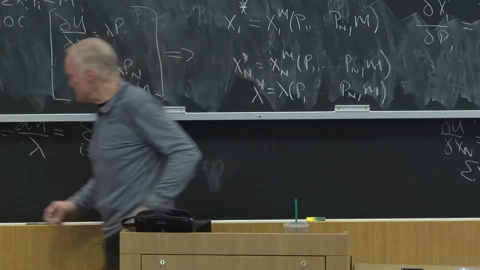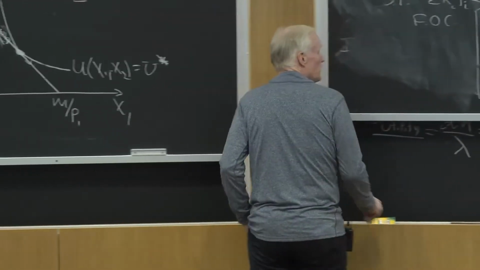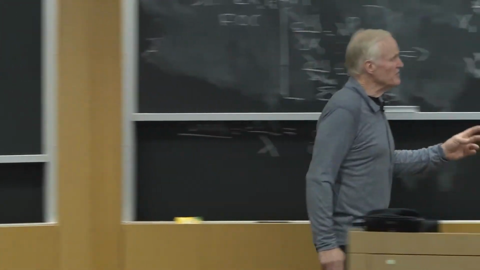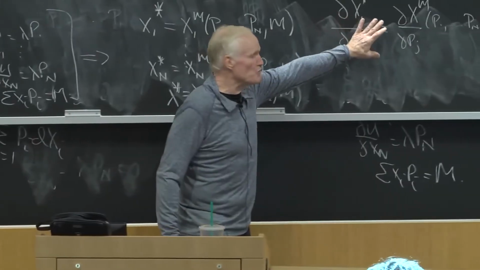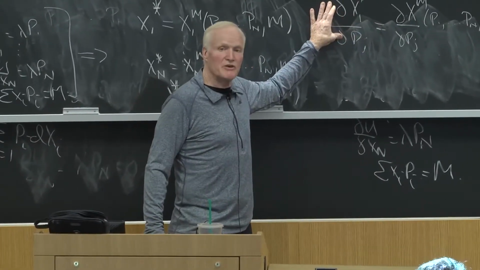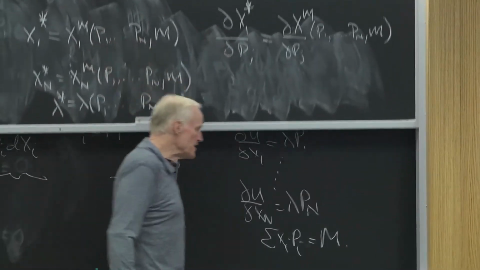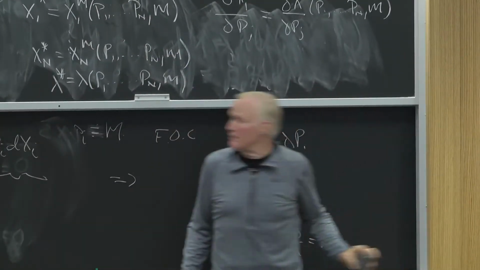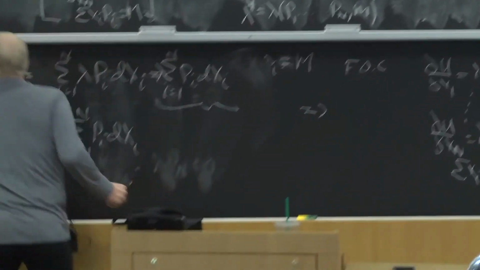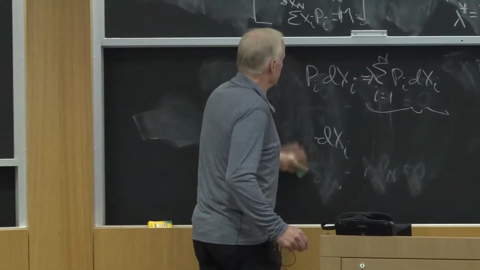Now, one of the ways we often summarize the Marshallian demand curves is not so much in terms of derivatives, but in terms of elasticities. Okay? And in particular, I'm going to talk about various elasticities.